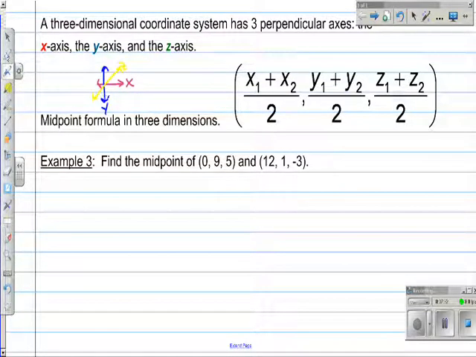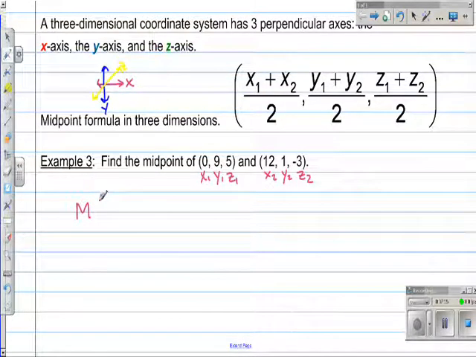So from here, if you're finding the midpoint in 3 dimensions, it's no different. You're still going to use the same midpoint formula, except for now it has a z category. So we'll label our points x1, y1, z1, x2, y2, z2, okay? And we just plug it into our formula.